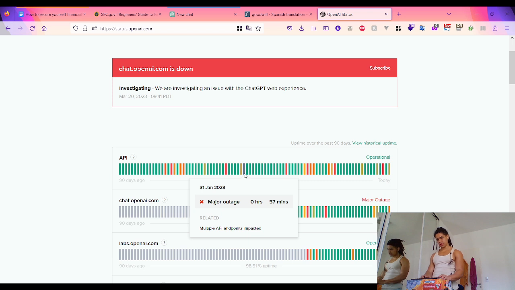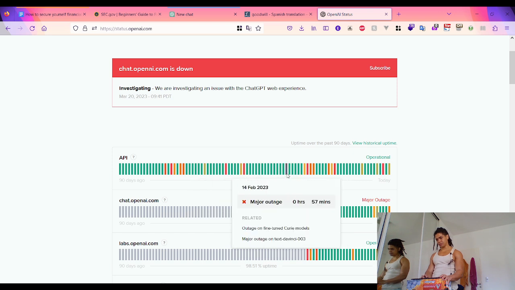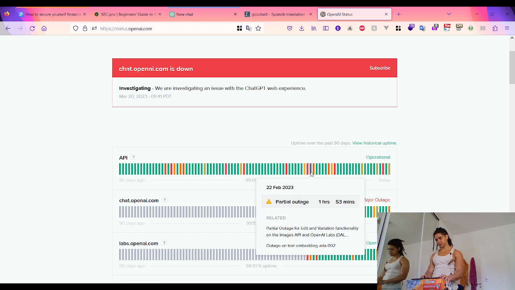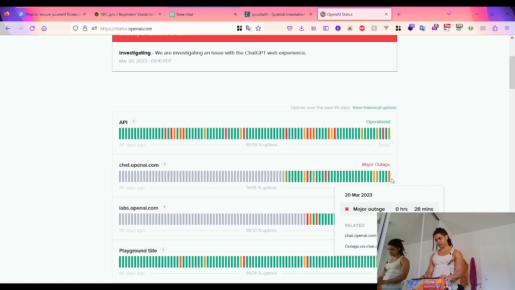Major outage, multiple API endpoints impacted. Holy moly. Major outage. Partial outage, but today, major outage.